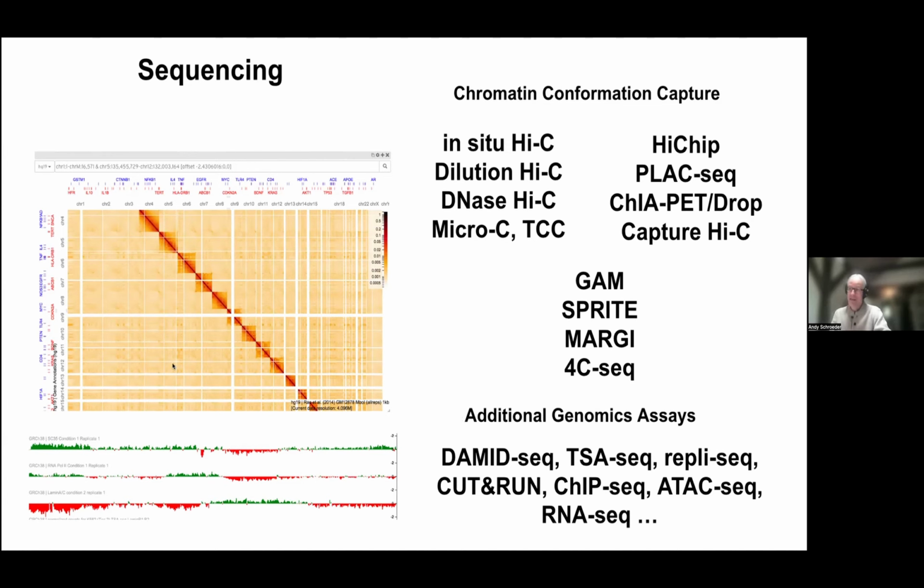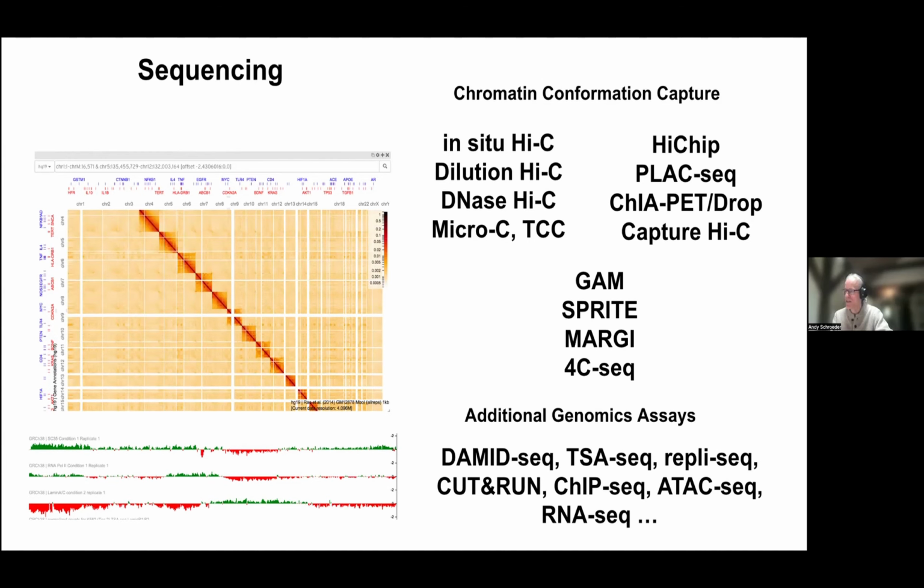As well as these chromatin conformation capture, CCC, data sets, we have a bunch of other genomic data sets that provide supporting data that also help tease apart the chromatin structure, the genome structure. There are certain assays that can tell you the proximity to various compartments or proteins.